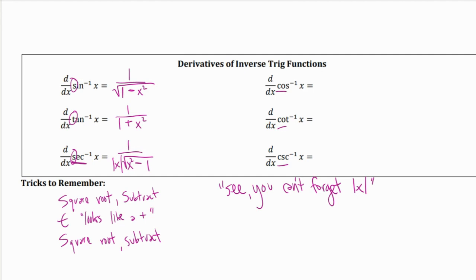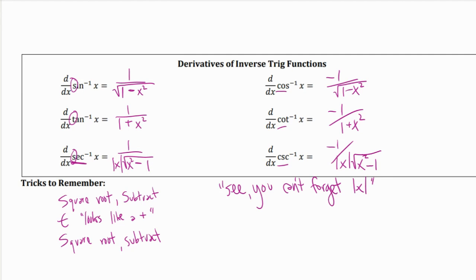So the derivatives of co-functions are always negative. And then the derivative of cosine inverse is actually the same as negative sine inverse. I know it's weird, but if you memorize the left-hand side, then you also have the right-hand side memorized. You just have to remember that the derivative of a co-function is negative.